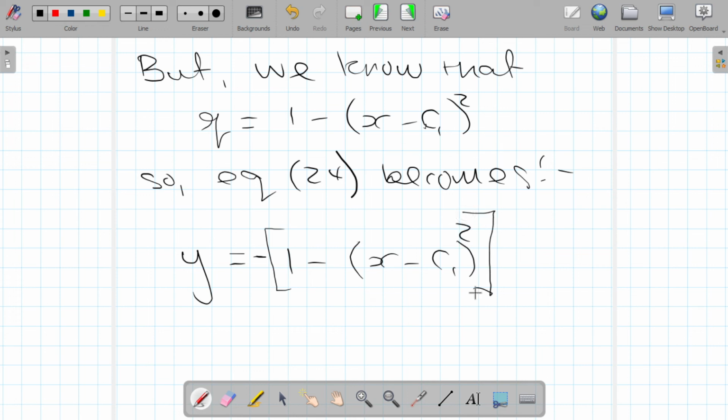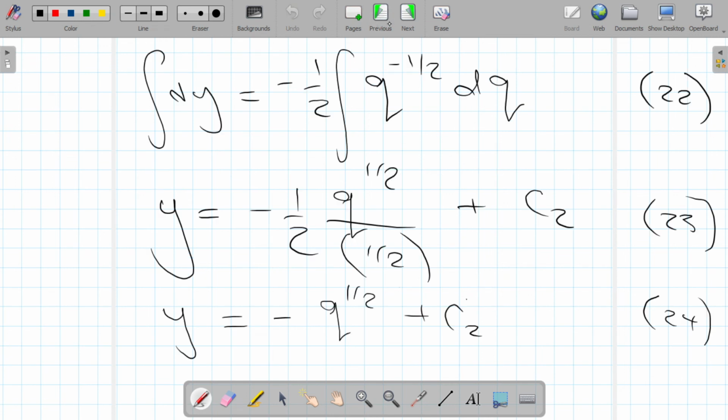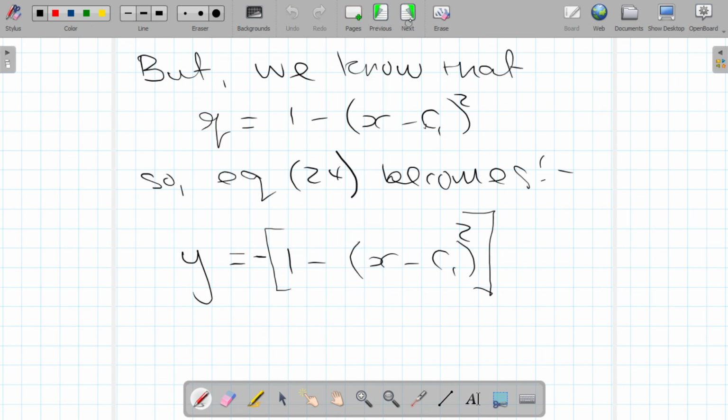Am I doing it right? Yeah? So going back to that, yes, and we have a plus c2. Right, now we can simplify this a bit more. And the reason why we're going to simplify it is because it becomes a particular equation with which you should be quite familiar in effect.